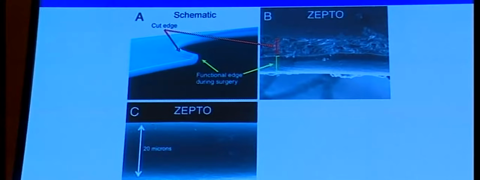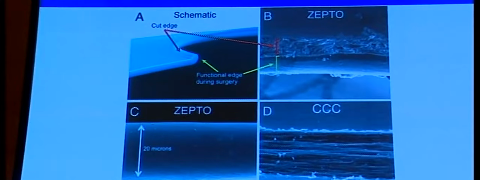So this thickness is almost 20 microns versus the normal Rexis, which is about 10 microns thickness of anterior capsule, and this is comparing it to the CCC edge margin. This is the CCC functional edge margin, and this is the Zepto edge margin.